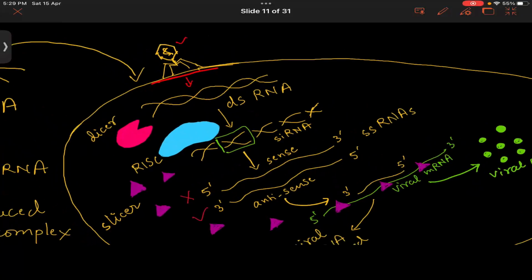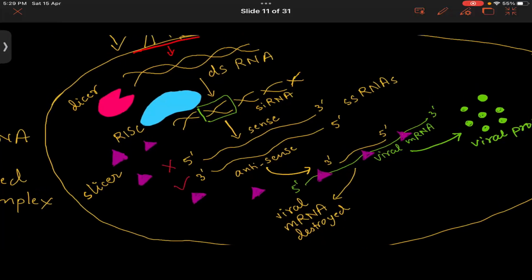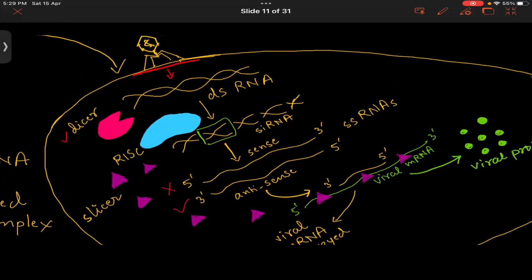And it first gets recognized by an enzyme called Dicer. So what does this enzyme do? This enzyme, as the name suggests, dices. You must have heard of dicing potatoes, like making them into small pieces. Similarly, this Dicer enzyme cuts this double-stranded RNA into small pieces. Now, this is how the pieces have been formed. Okay, in this step.